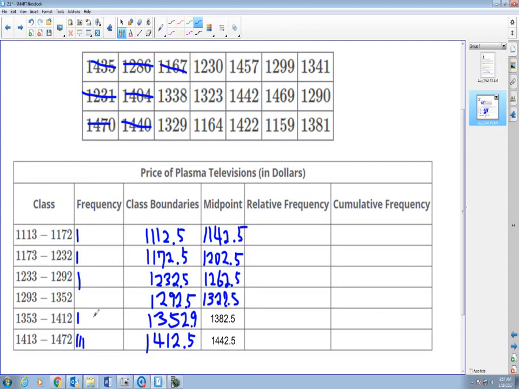The next one, 1338. 1329. 1230 should be the second class. 1323 is that one. 1165 right here. 1455 there. 1445 right there. 1422, that class would be. 1299 right there.